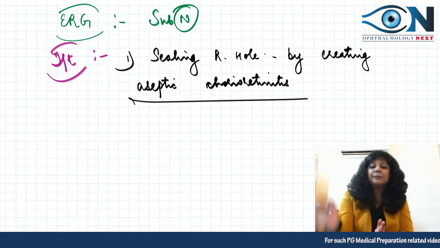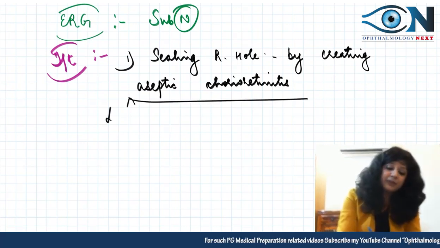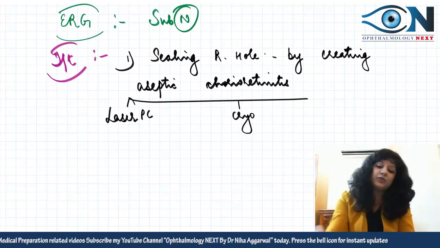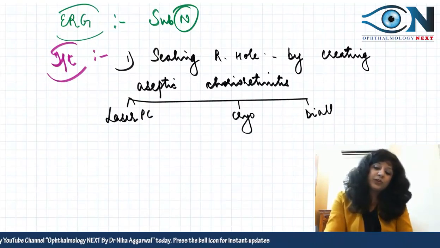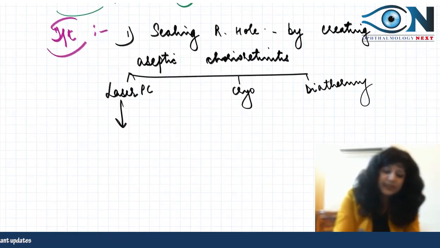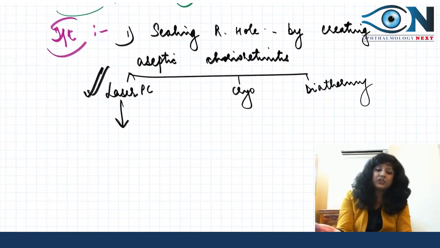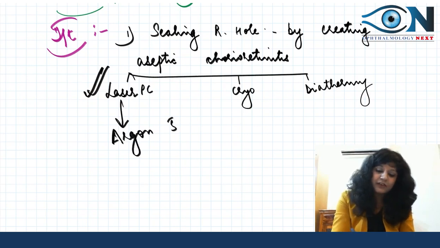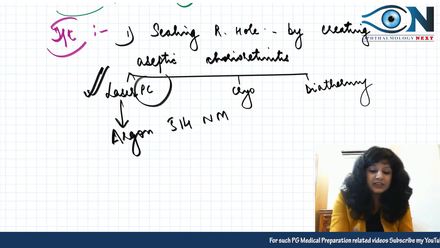This aseptic chorioretinitis can be done with the help of laser photocoagulation. I can try with cryo, or I can also use diathermy. Usually we use laser photocoagulation. Which laser? Argon laser. In the argon laser we are using 514 nanometer.